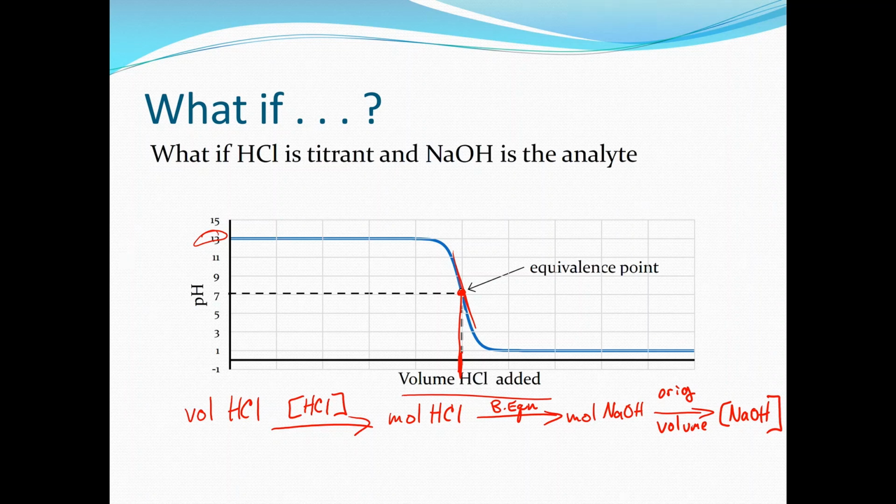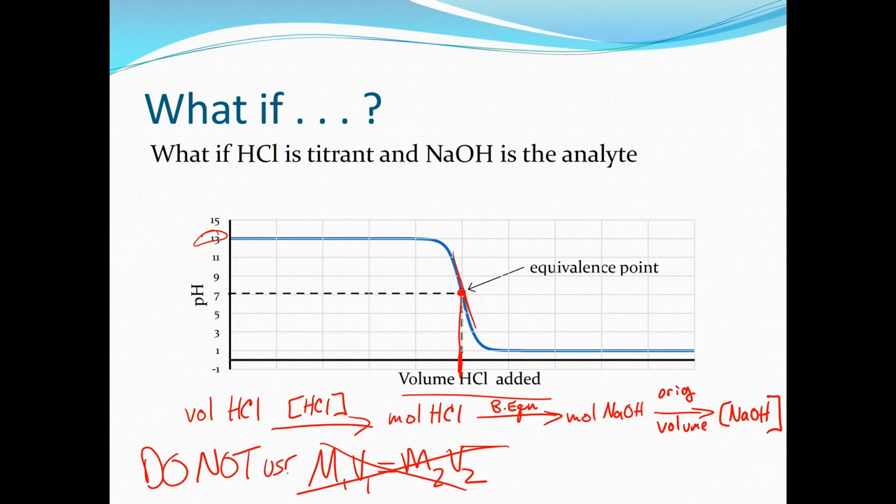I'm going to tell you right now, this equation right here that we've seen before, that we have used before, that equation, M1V1 equals M2V2, this is not an appropriate equation. Do not use it, okay? That is a dilution equation, and it's allowed if you're doing dilutions. This is not a situation in which you're doing a dilution.